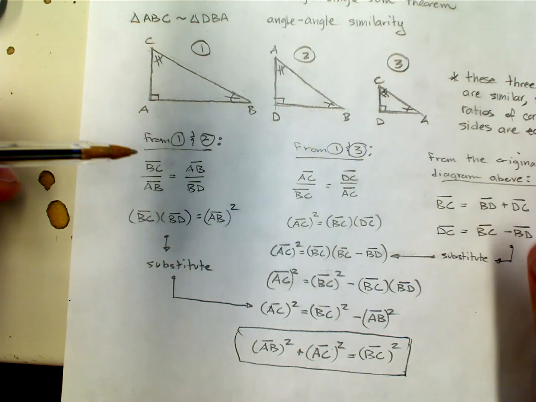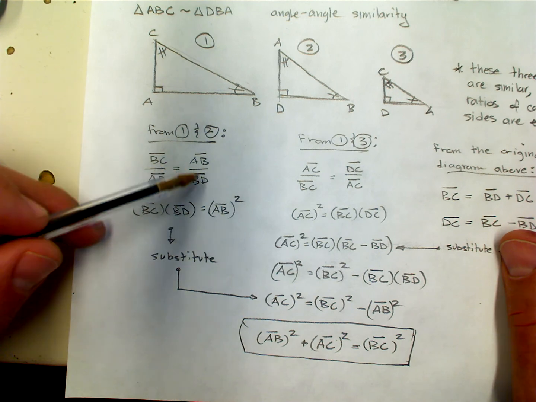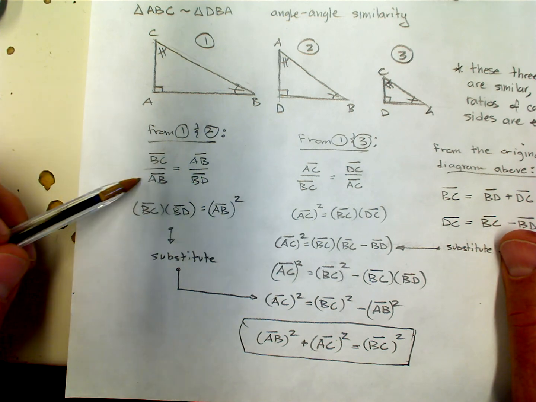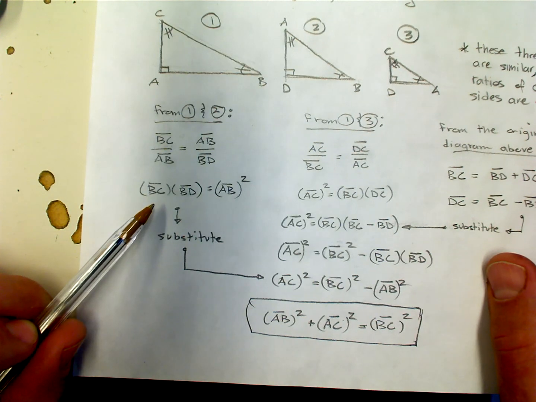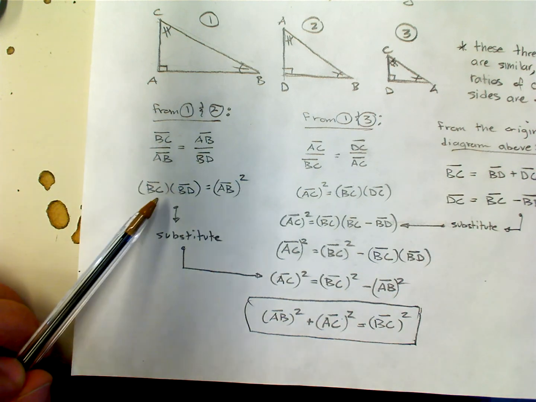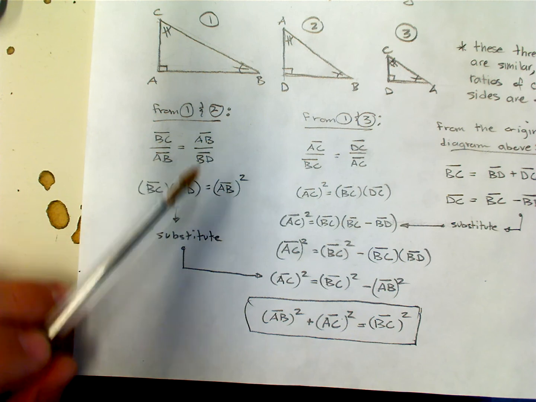And so I want to relate everything back to the big triangle. So after composing this proportion, I can just use the multiplication property of equality to rewrite it like this. And notice we get an AB squared out of that.